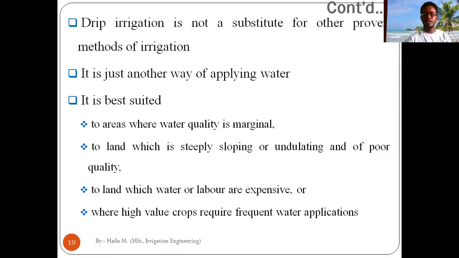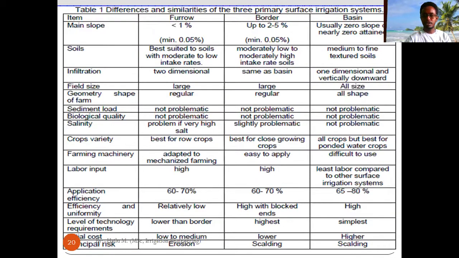It is best suited to areas where water quality is marginal and where the land is steep sloping or undulating, or where there is poor soil quality, and on land where water or labor are expensive, and where high value crops require frequent water application.